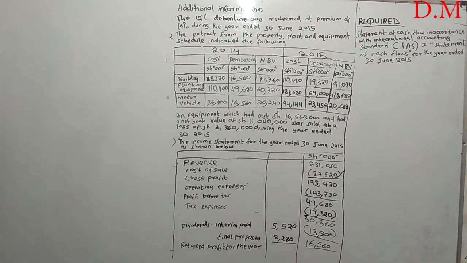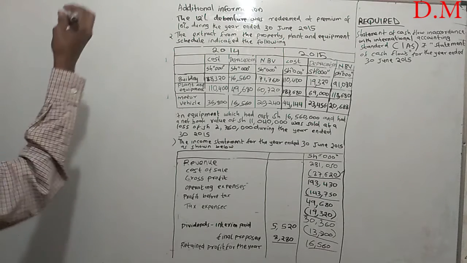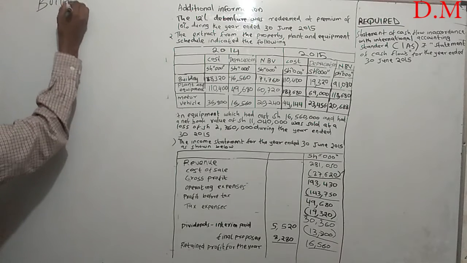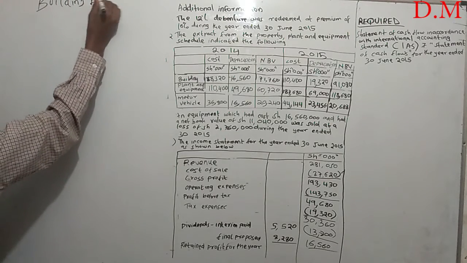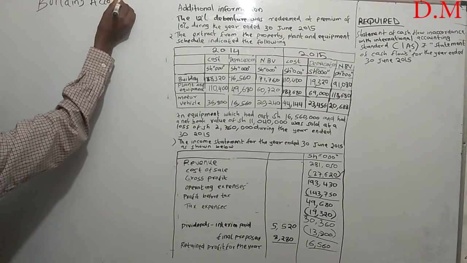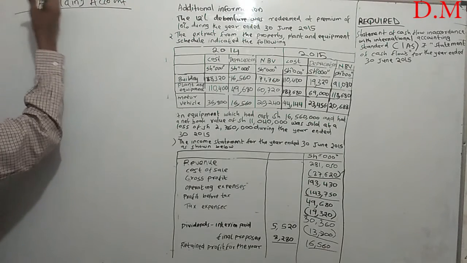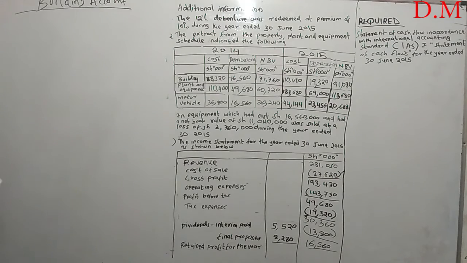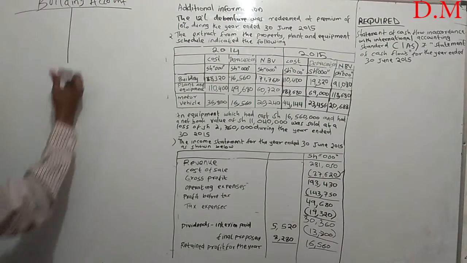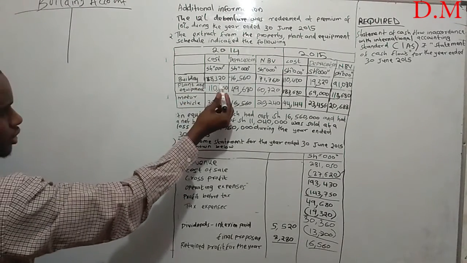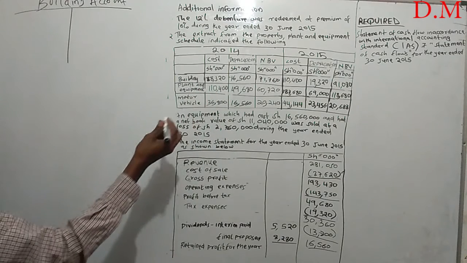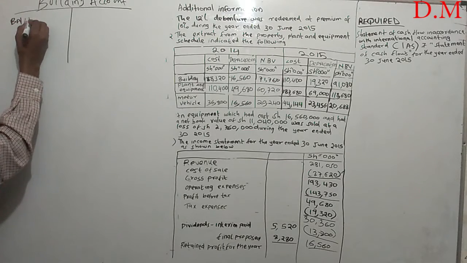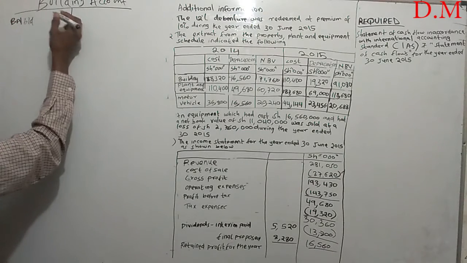So let's show the building account. We have this, an asset. The balance brought down for 2014 is 88,320.